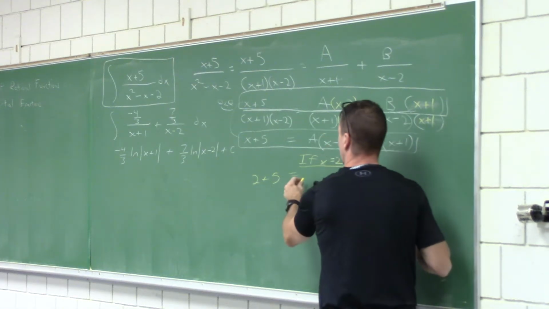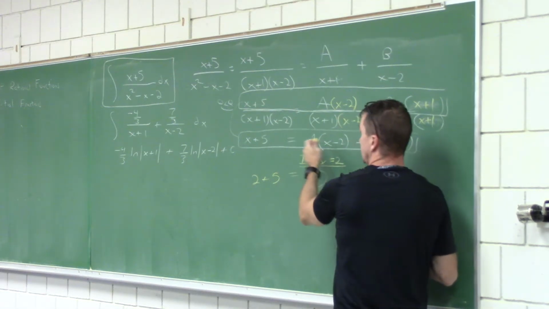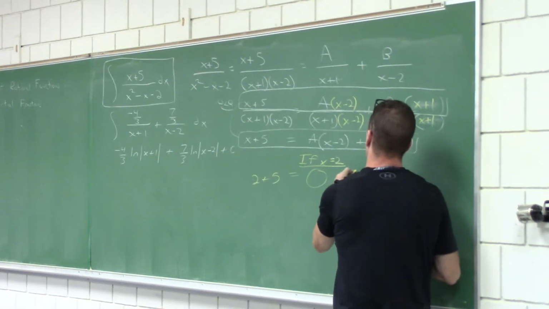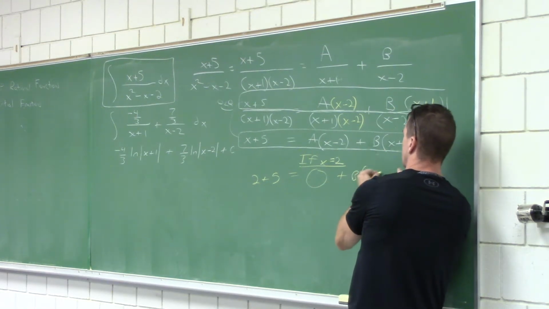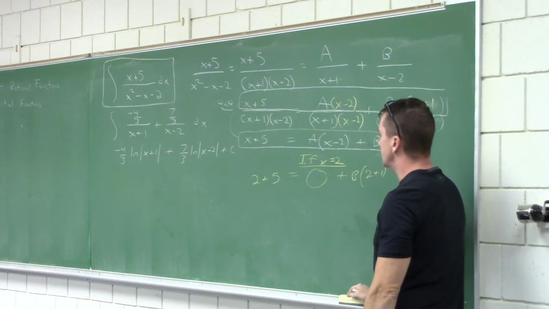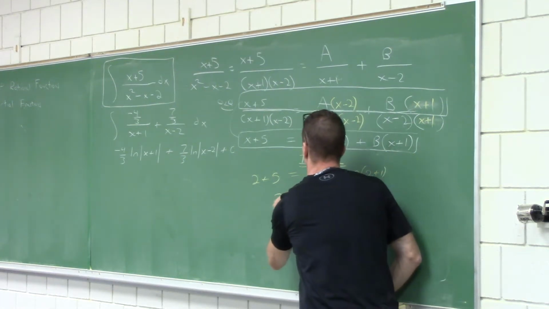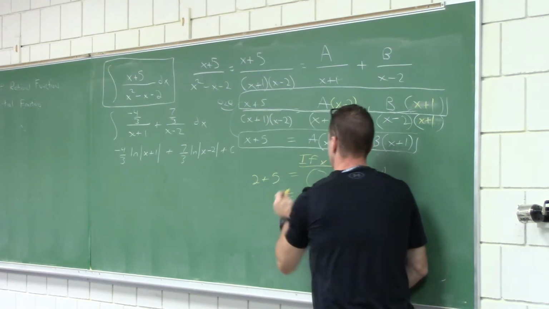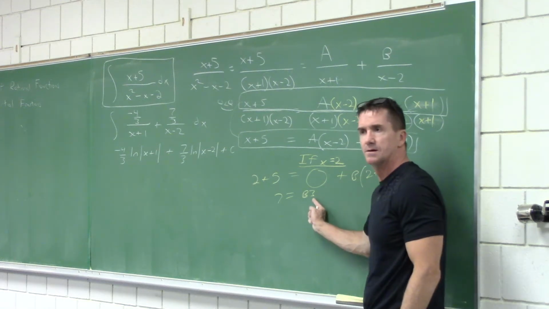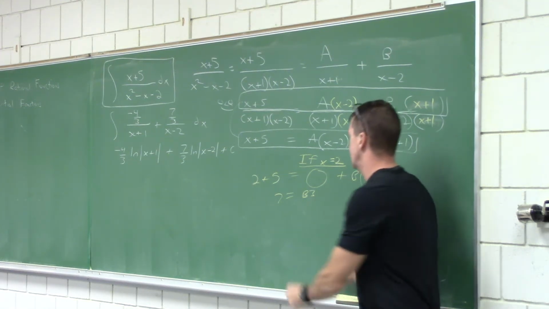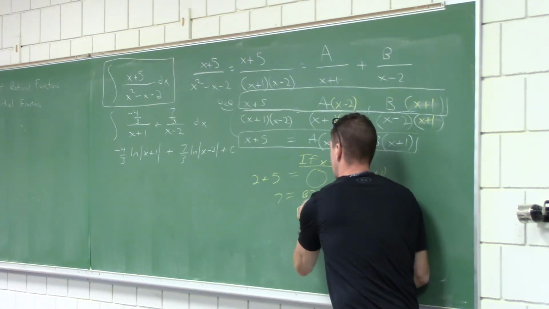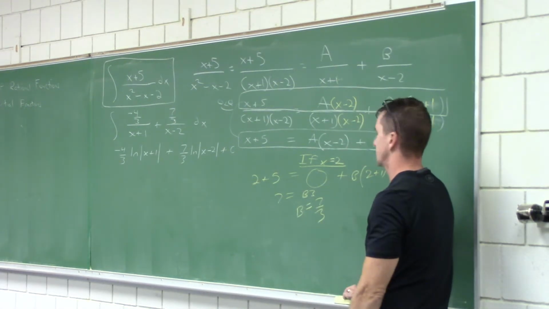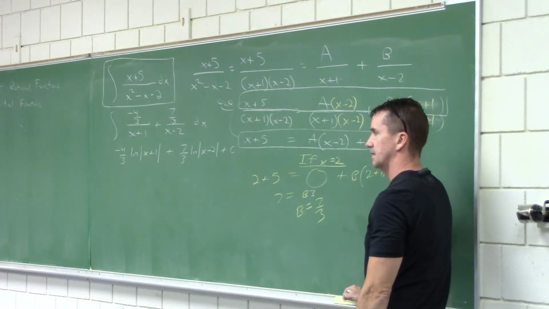This turns into 0, because 80 times 0 is 0. Plus, what's 2 plus 1? You're like, are you kidding me? Look what you already got. 7 equals what? 7 equals B times 3. What's B? Divide by the 3, that's what B is. See how quick that was? Way quicker than the other.